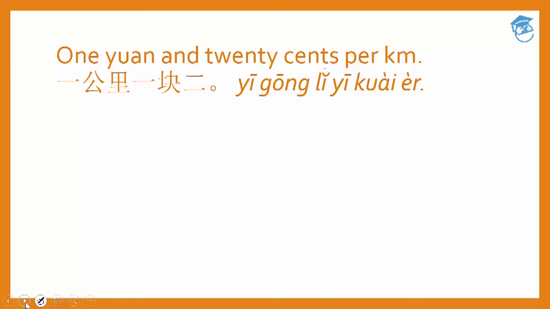And then if you add any number behind it without indicating the word mao, it automatically means tens of cents. So that's why in English it is $1.20. Per kilometer is denoted by 1公里.